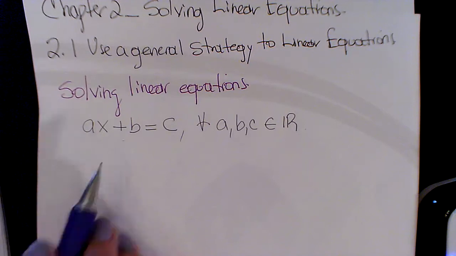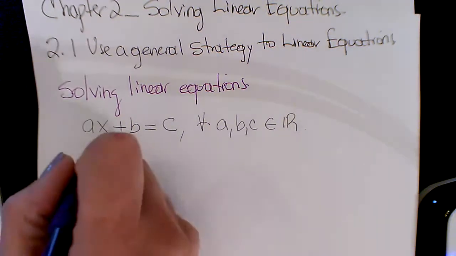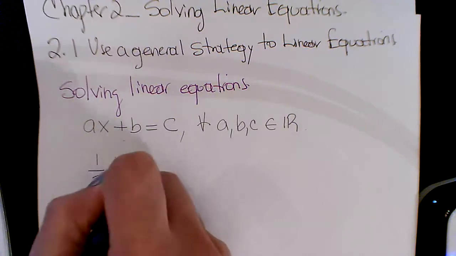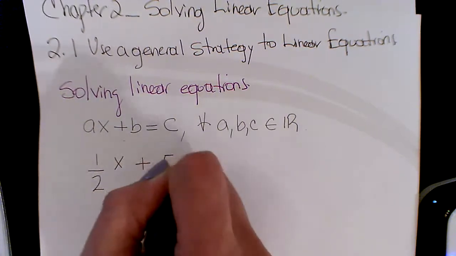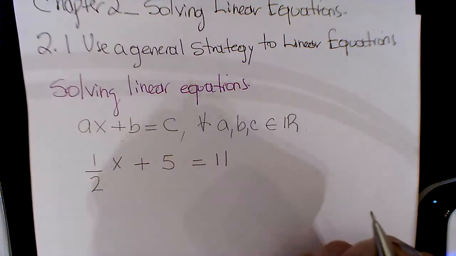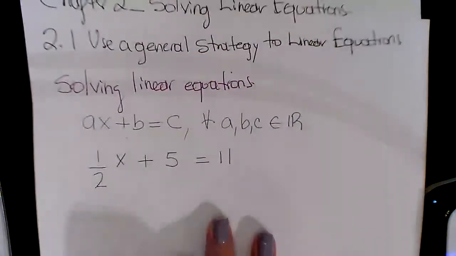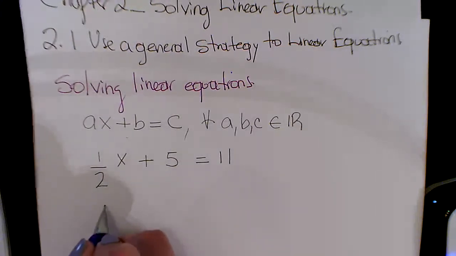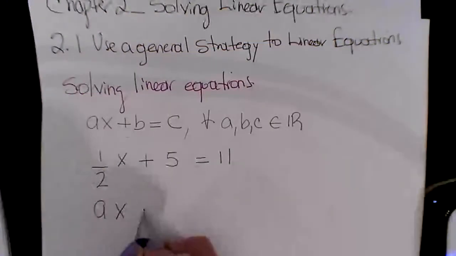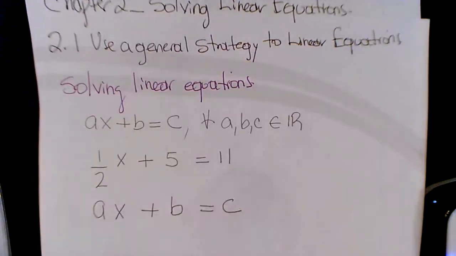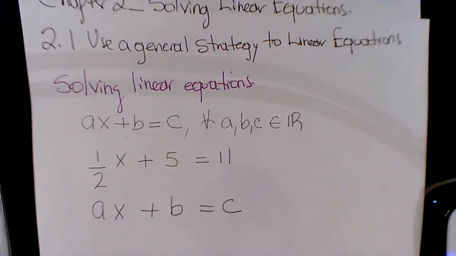And let me give you this example. It says 1/2 of x plus 5 is equal to 11. So is it in the form that we want? We want it to be ax plus b equals c, right?